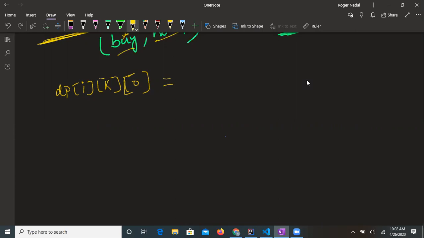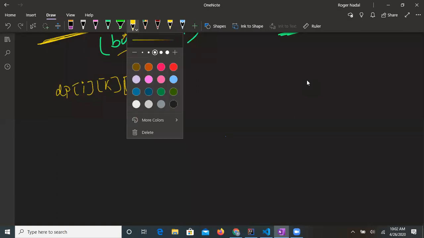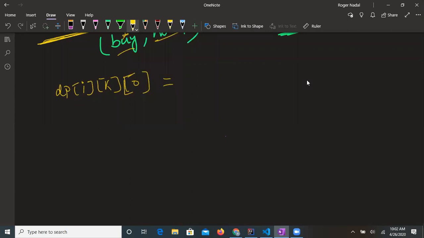How can you have 0 stocks in the hand? It is either you already had 0 stocks in the hand from the previous day, right? You had zero stock in the end from the previous day.